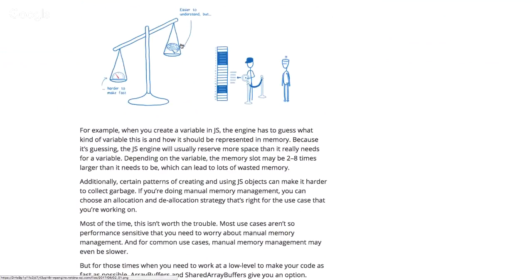So it looks like if performance is not a primary criterion, and ease of use is what is needed, then you can go with automatic memory management. You don't have to use array buffers. You can let the JavaScript engine handle it, is what they're saying here. So it's talking about some of that stuff.